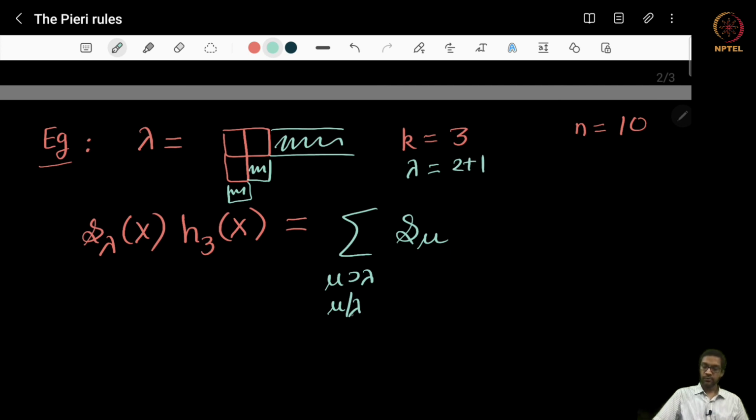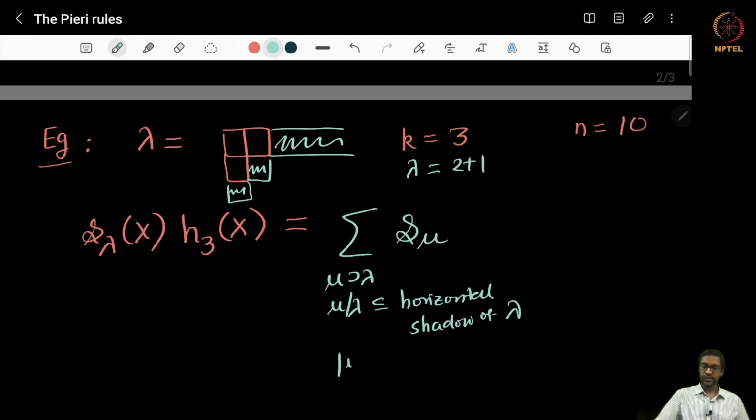Now, mu minus lambda, as we said, we called a horizontal strip. So this is contained in the horizontal shadow of lambda, and has 3 boxes. Let's write it like this: the size of mu minus lambda is 3. That's supposed to be K in this case.